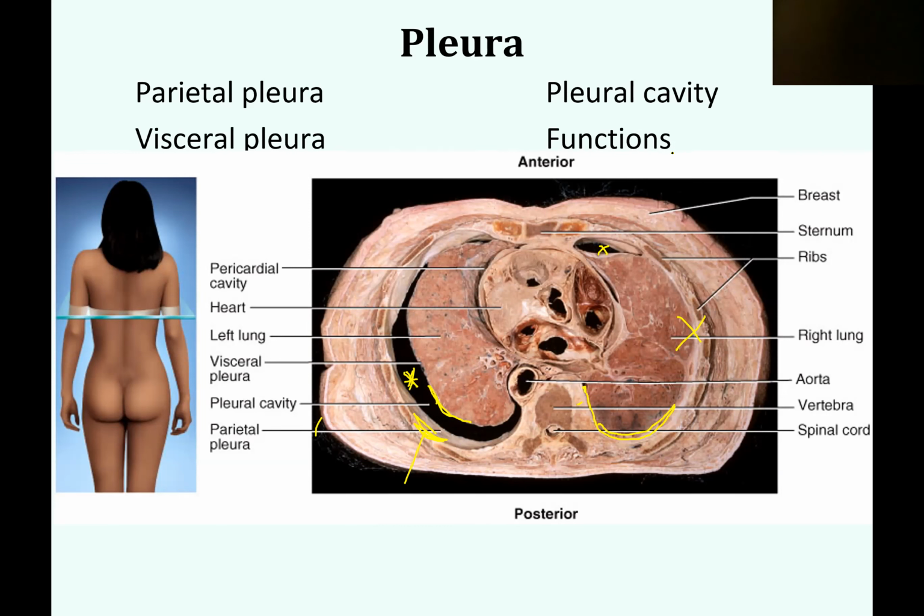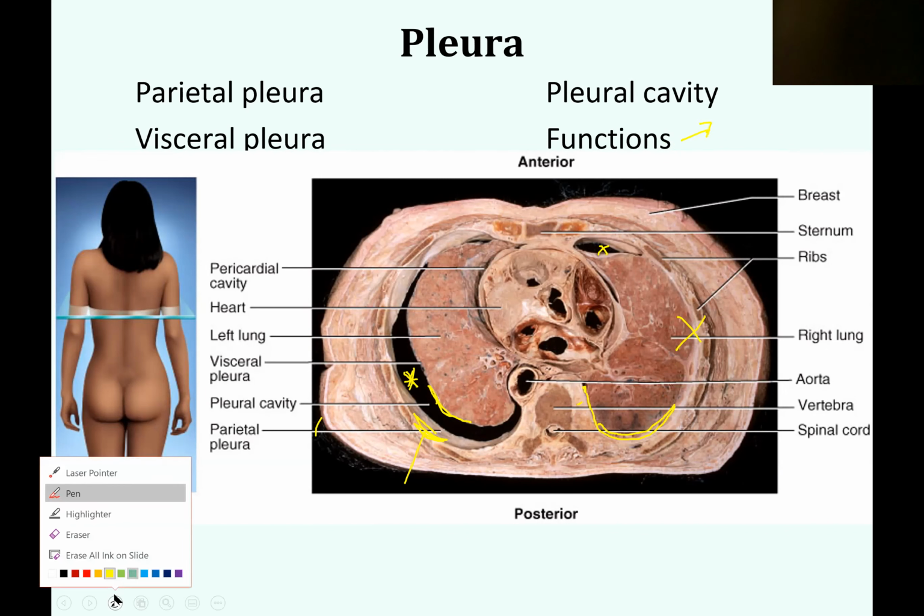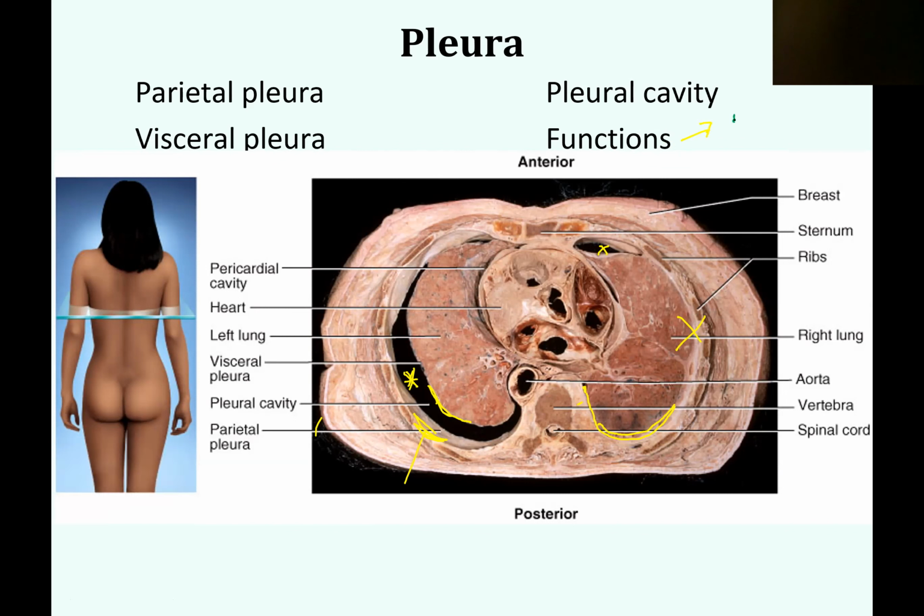Functions. It's the same 3 functions that we had for the pericardium. So the pleura is going to anchor the lungs in the thoracic cavity. It's going to act as a physical barrier. And it's going to secrete a serous fluid to reduce friction.